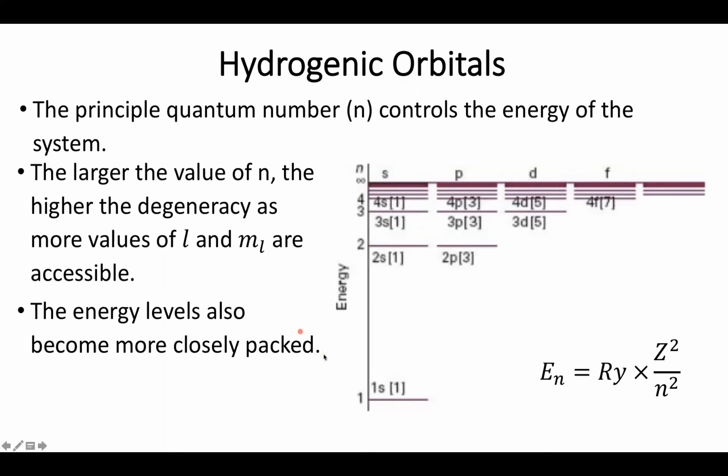Not to mention, our energy levels also become much more tightly packed, so we're able to pack more and more energy levels into a tighter and tighter space. If a system exists mostly in these lower shells, it's fairly easy to figure out where the electron is.